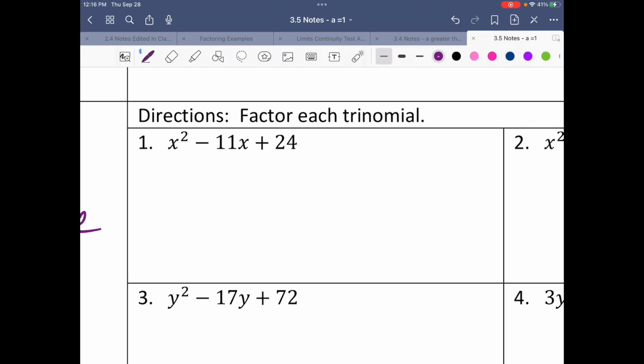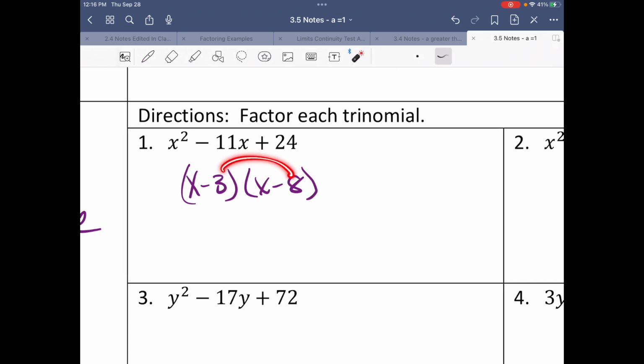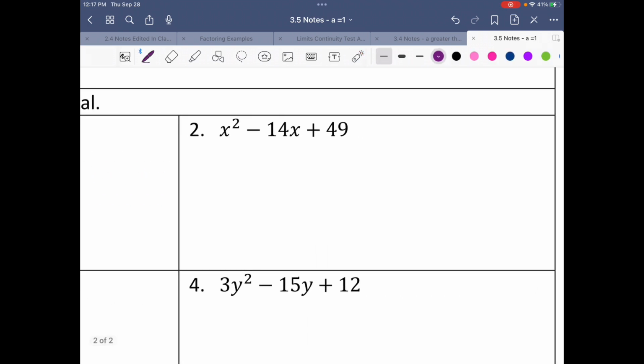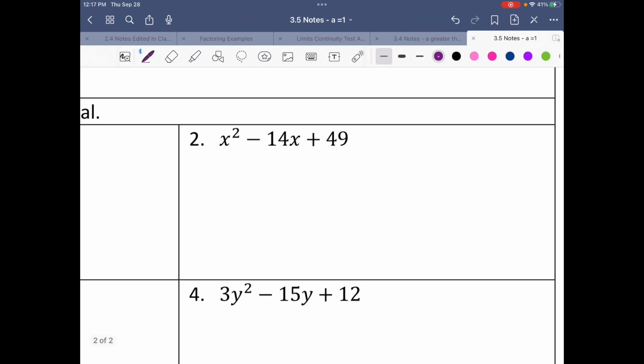So factors of 24 that add to be negative 11 are negative 3 and negative 8. So x minus 3, x minus 8. When I multiply negative 3 and negative 8, I get positive 24. When I add negative 3 and negative 8, I get negative 11.